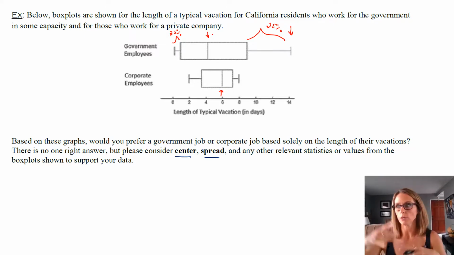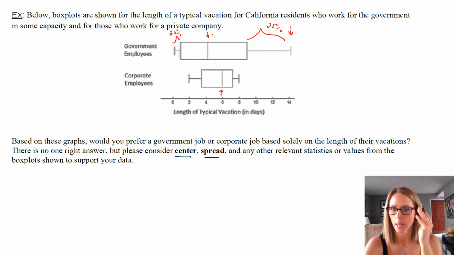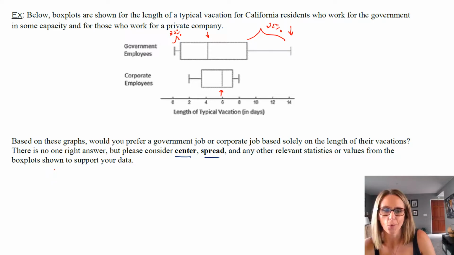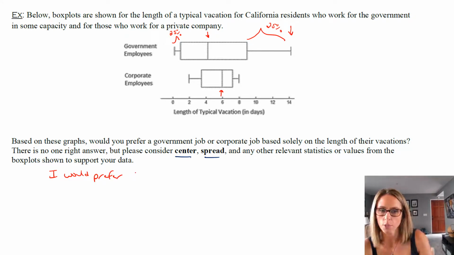And remember that median tells you that 50% of the data values lie above and 50% lie below. So you may say, I'm guaranteed more by being a corporate employee than a governmental employee, unless you really want to roll the dice and just hope that you're the person or whatever that gets 2 weeks of vacation. So you can say whatever you want, just so that you have something here. I will tell you what I have. Unless you're welcome to write your own, that's no problem.